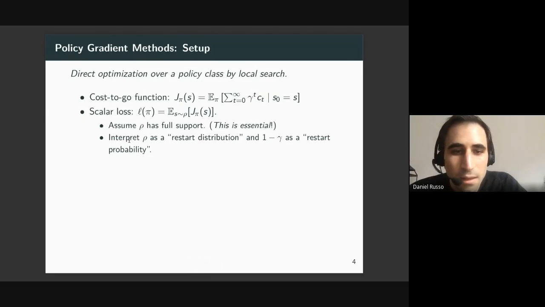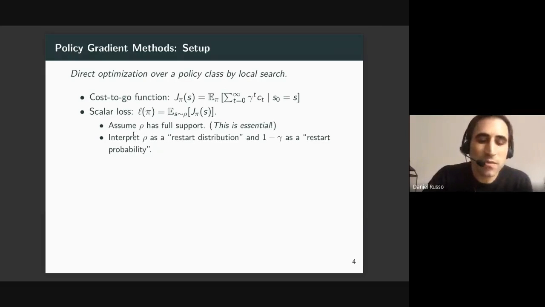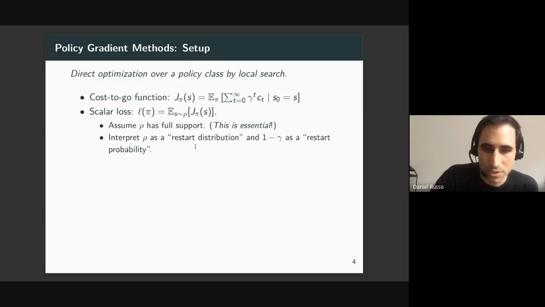Now you can interpret this loss function as essentially measuring performance in a manufactured average cost problem, where in every period there's a 1 minus gamma probability that the agent restarts in a random state, and rho is the distribution governing the states at which the agent ends up after the restart.